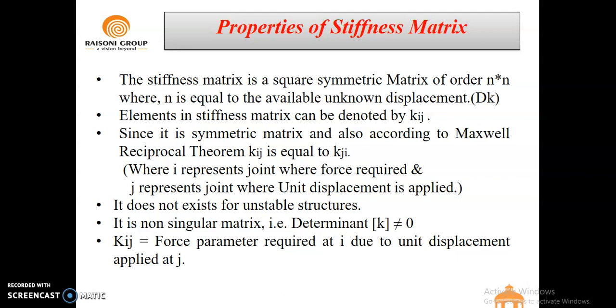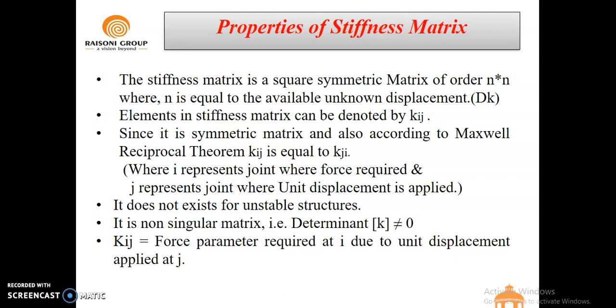Since it is a symmetric matrix, and also according to Maxwell's reciprocal theorem, Kij is equal to Kji. There is a relation between non-diagonal elements, where i represents the joint where force or moment is required, that is the force parameter, and j represents the joint where unit displacement is applied.